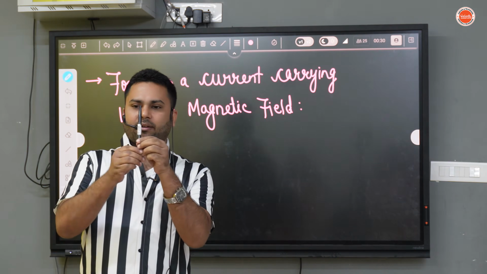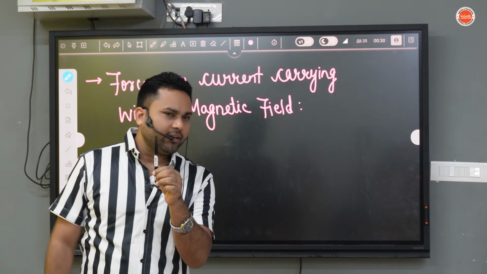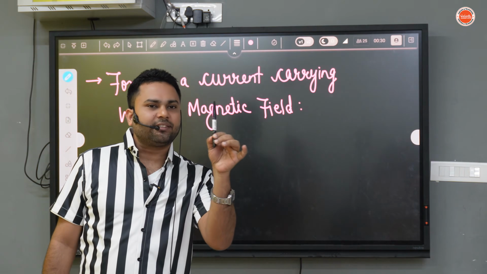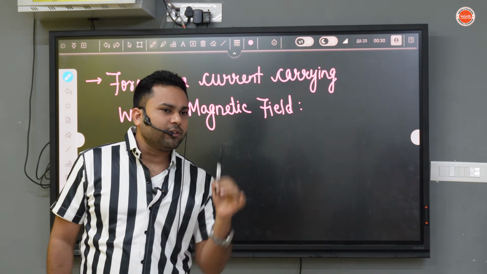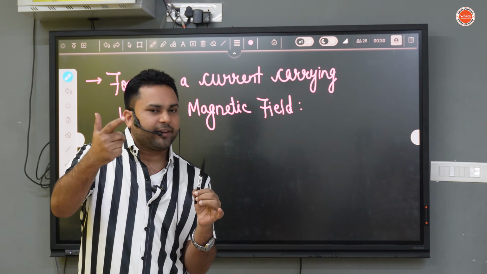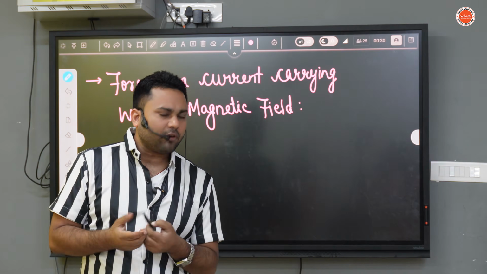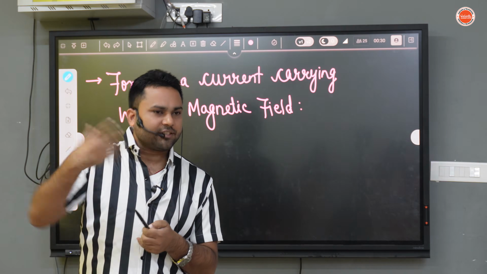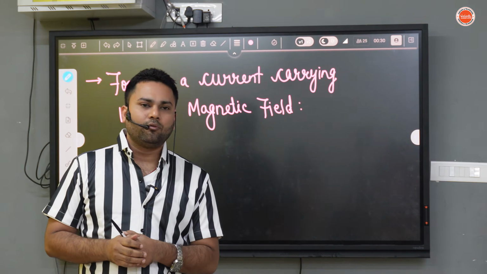Suppose this is the wire and current is flowing, meaning charge is flowing, charge is having some velocity. And if I keep this wire in a magnetic field, it will experience force, because the charge was experiencing force. Same thing here, charge is flowing only. Current means moving charge, and if a moving charge is kept in a magnetic field, it will experience force.